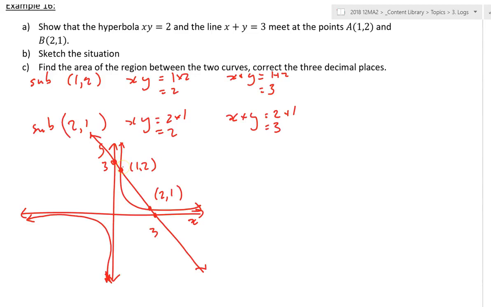I am after this region in here, which means that I am after the integral from x equals 1 to 2.